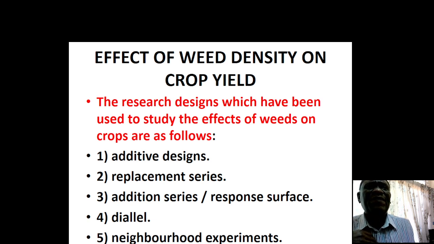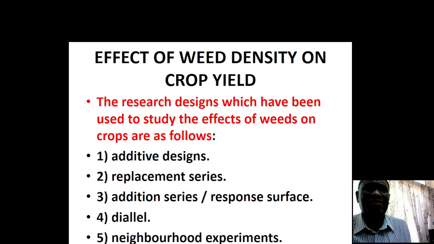We also have what is known as the replacement series experiments or approach. In this case, you want to determine the competitive ability of the crop as well as the competitive ability of the weed.